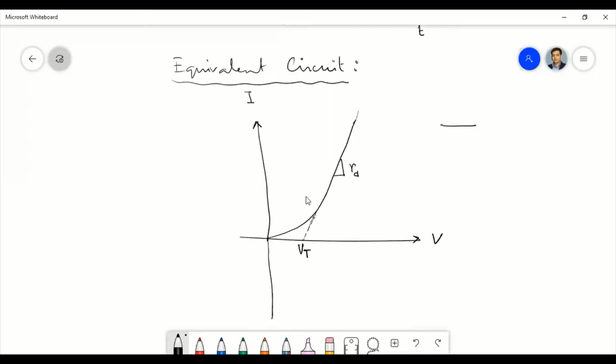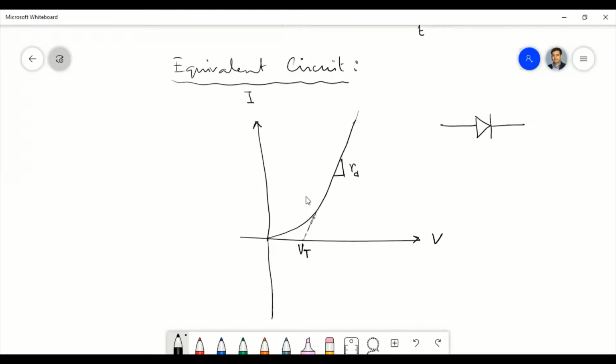Sir, can you explain the threshold voltage again? Threshold voltage means if we extend the RD line, because once it goes exponentially, after that it becomes almost linear. Though it is an exponential, the portion we are observing is mostly linear.